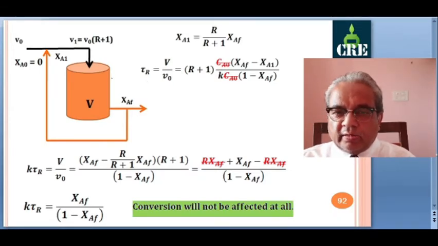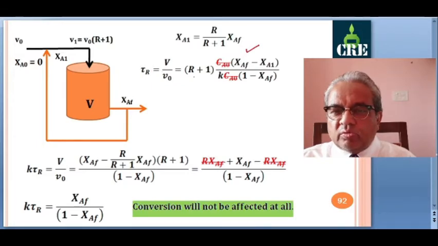Tau for the recycle reactor. Now this is the mixed flow reactor and we are recycling. This is the plug flow reactor model, which we have seen as a recycle reactor. So initially it is plug flow. As you go on increasing the recycle ratio, finally it tends to a mixed flow reactor. It's already a mixed flow reactor, so we will use this model.